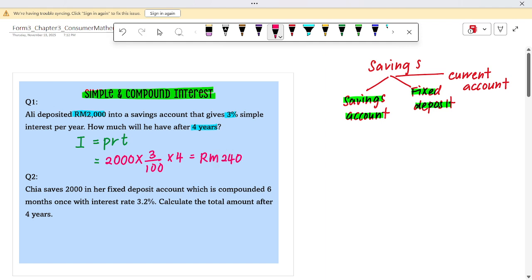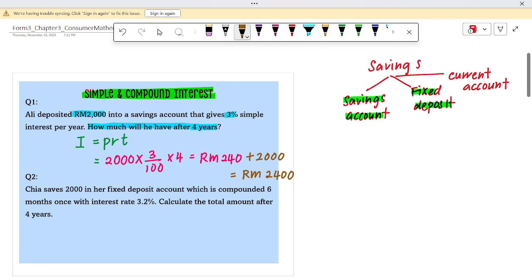So this is the interest earned after 4 years, but the question has asked how much will he have after 4 years, which includes your savings of 2,000 ringgit. So his total money after 4 years is 2,400 ringgit. That's all for the first one.